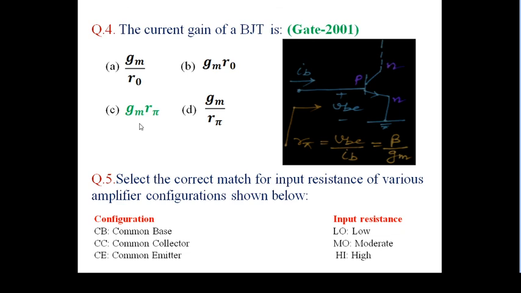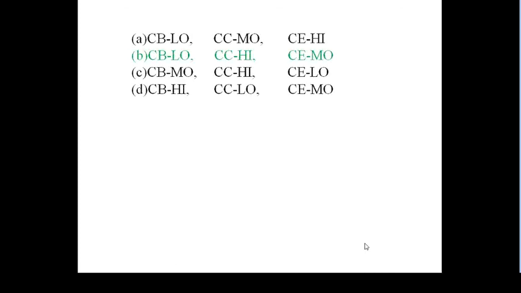That's why common collector is used for impedance matching circuits. So what should be your answer? Common base low input resistance, common collector high, and common emitter moderate.